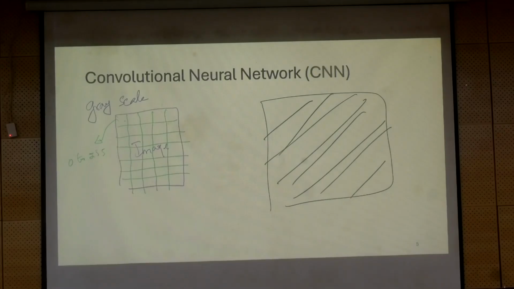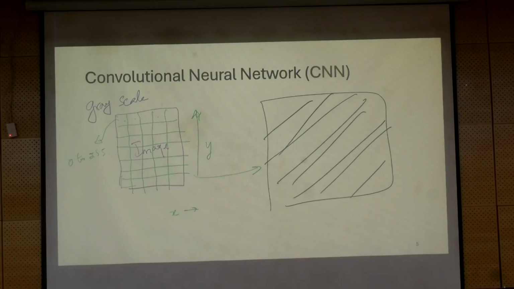So each of these is a pixel and it's a value, right? So clearly a grayscale image has values along x-axis, values along y-axis, right? And this entire image is fed into my CNN. The values of this entire image is fed into my CNN. So what is the nature of the input? Is it a vector or a matrix?